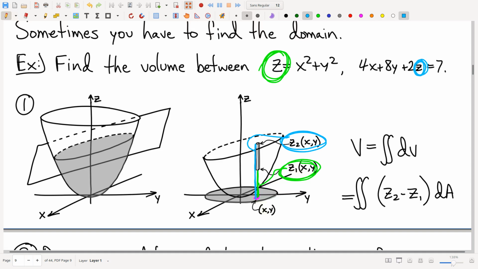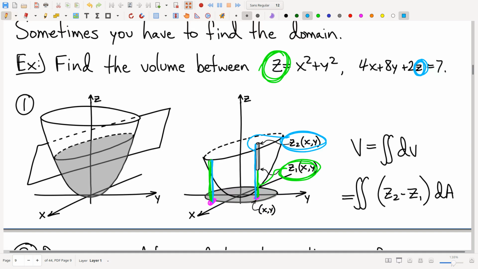Now I'm going to make a geometric appeal. For points that are in the domain, these values are going to be different because you're in the middle of the domain, and that twig, French fry-like thing is going to have some height to it because these two z's are different. But at the points on the boundary, the green height and the blue height will be the same. Does everybody buy it?